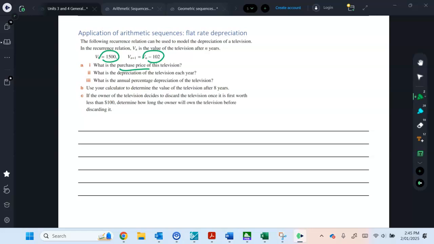What is the annual percentage depreciation of the television? Because it's an example of arithmetic, we're just going to have the same amount each time. So 102 over 1,500, then multiply it by 100. This is part 3, if you're wondering which question I'm doing.